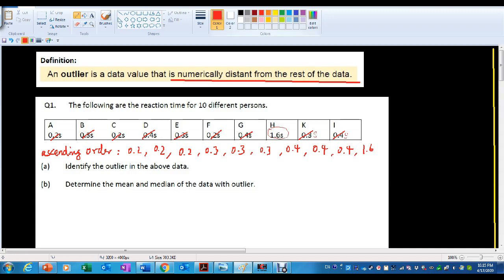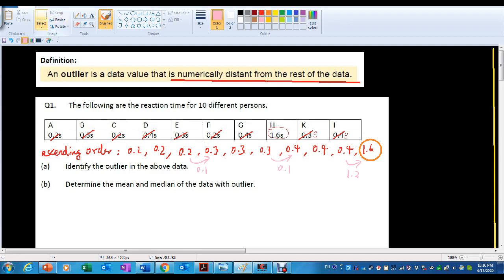Why is this 1.6 what we call the outlier? Because you can see for most of the data the separation is about 0.1, right? But suddenly the separation between 0.4 and 1.6, the difference, is around 1.2. That difference is significantly greater than the rest of the data.